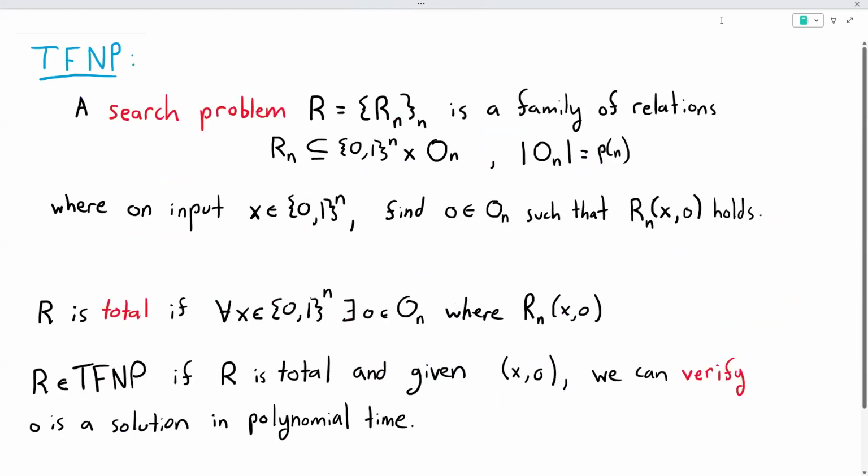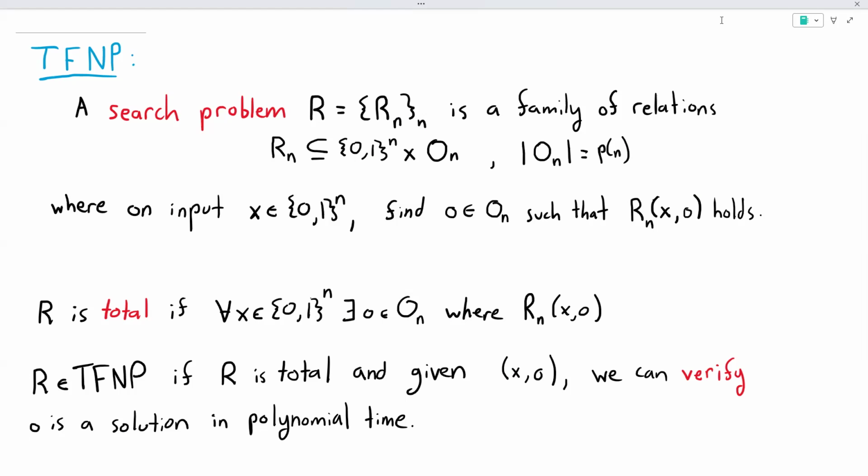Okay, so let's generalize these total functions into TFNP. A search problem R is a family of relations on n-bit inputs and solutions, which we'll call O of n, with O of n always being of size at most polynomial in the length of the input.